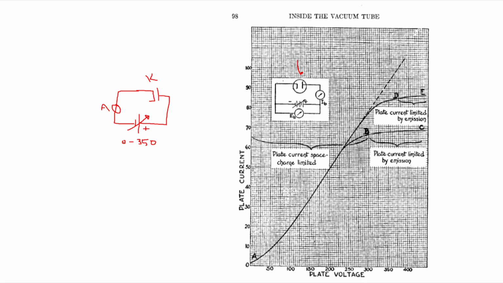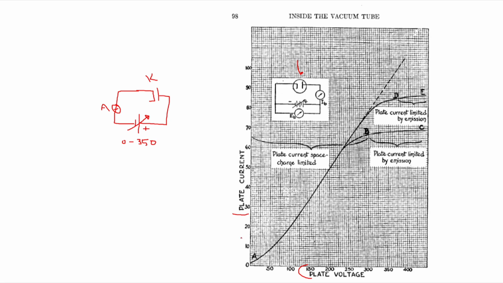And as we increase the voltage on our diode plate from 0 to 350, we're going to read the amount of current that flows. So cause and effect. Down here, the plate voltage is the cause, increasing the plate voltage. The effect will be something happening to the plate current, in this case, an increase.